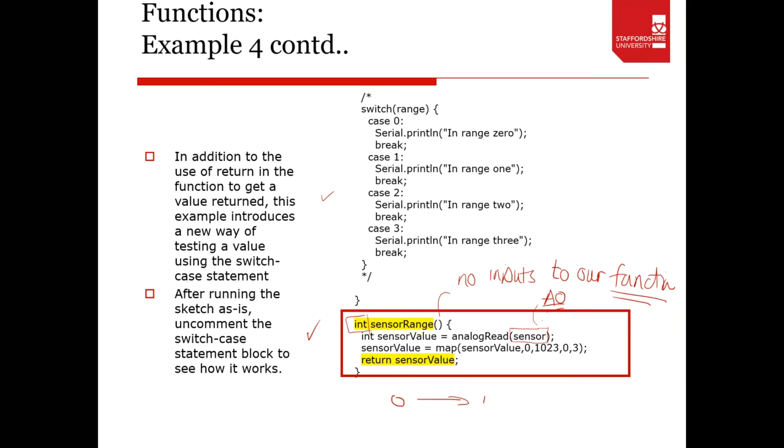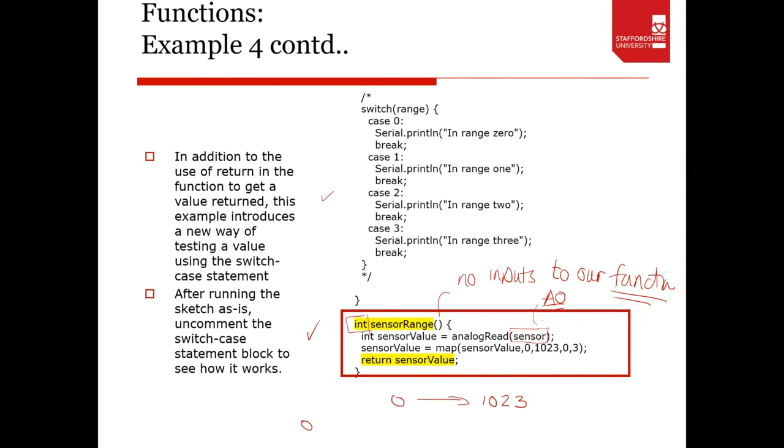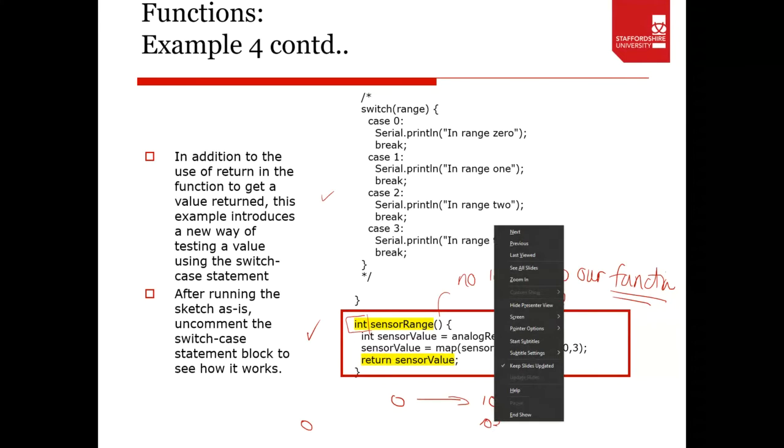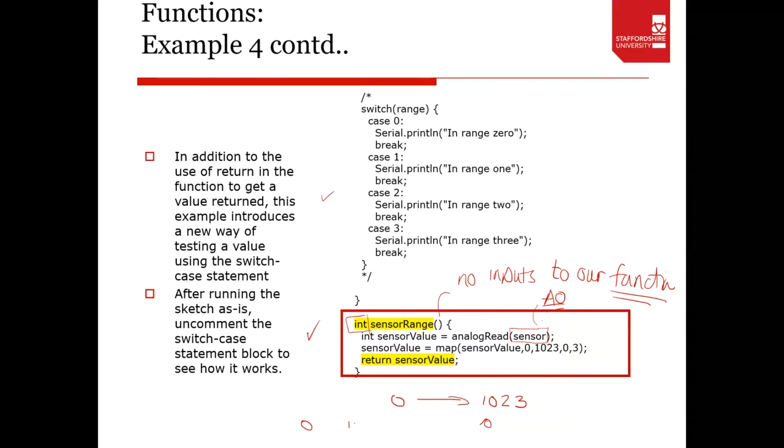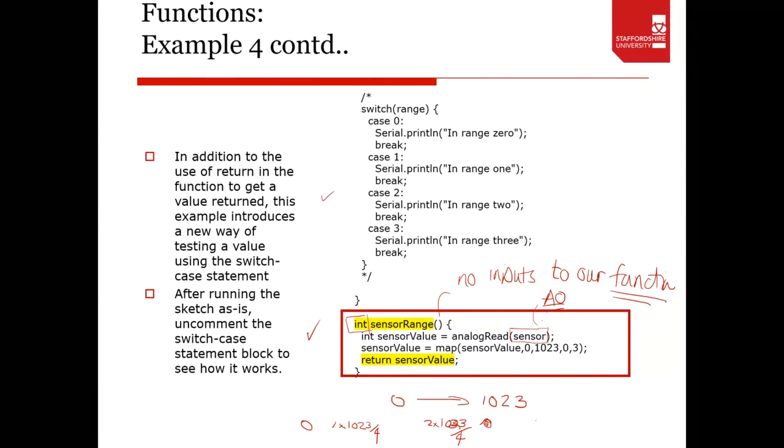So 0 to 1023. 1023 divided by 4, and I'm not going to do the maths. So we've got times 1, times 2, times 3.